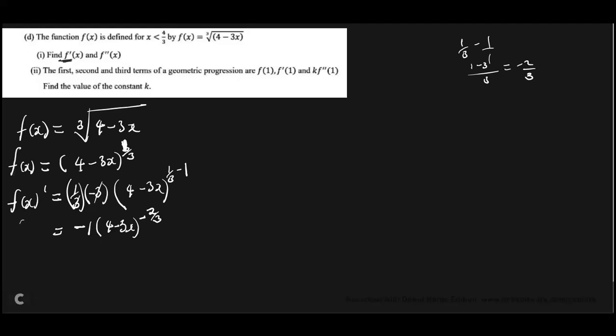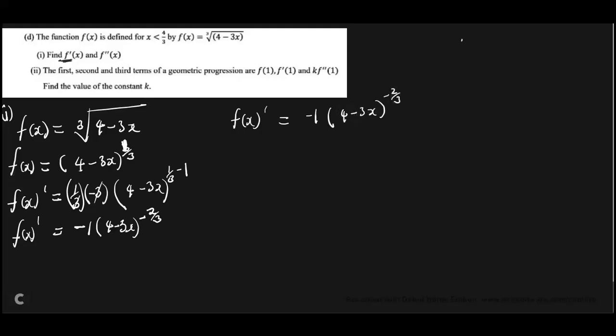So this is your first derivative. Now the question is saying we need also to find the second derivative. So let's find also the second derivative, because that's what they're saying, right? On the first question. Now the second derivative, you have the first derivative, which is negative 1 times 4 minus 3x to the power negative 2 over 3, like that, right?